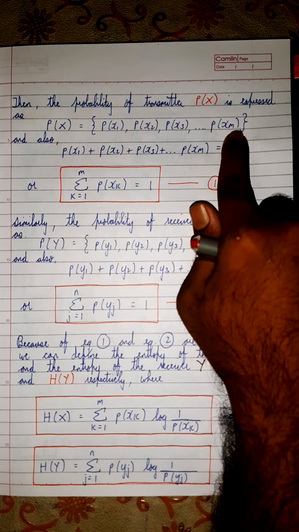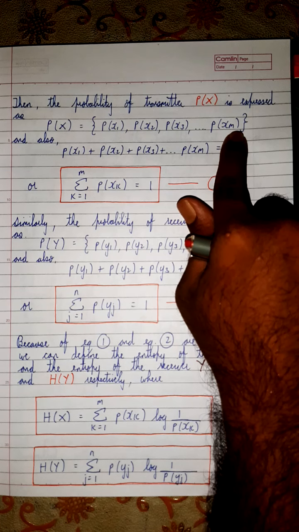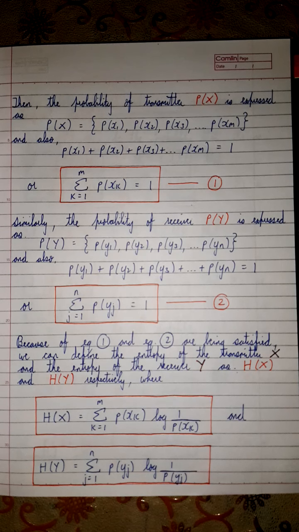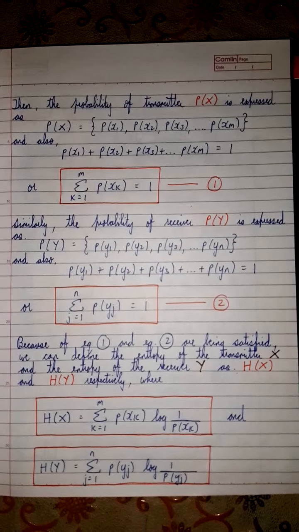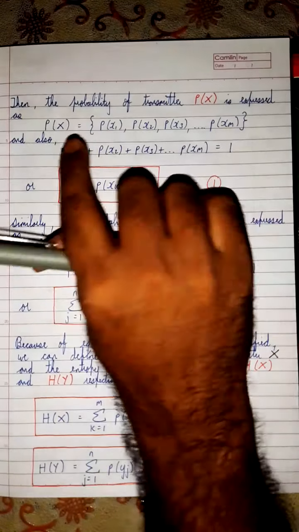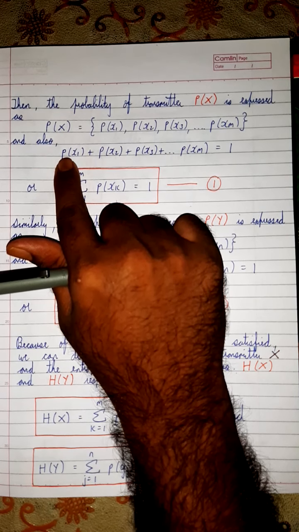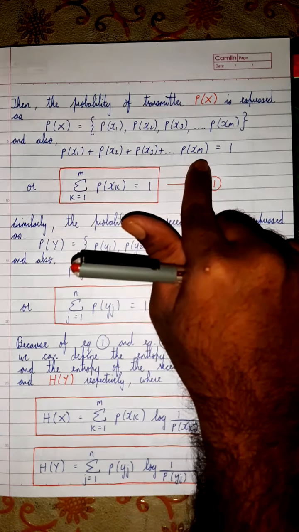And if we add all the probabilities of these transmitted symbols, we should get 1: the probability of transmitting x1 plus the probability of transmitting x2 plus the probability of transmitting x3 plus the probability of transmitting xm.